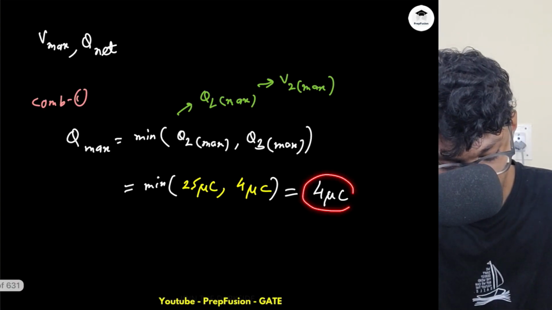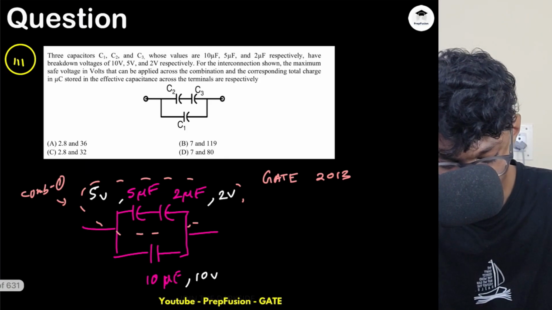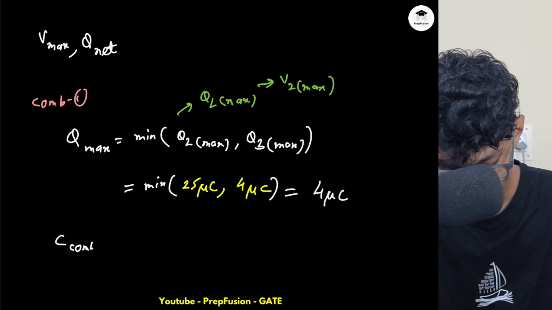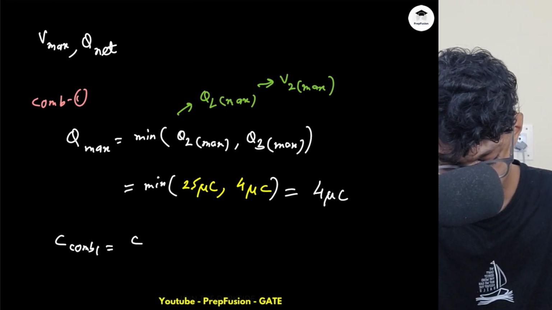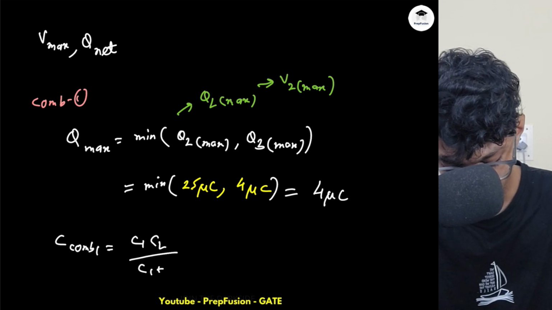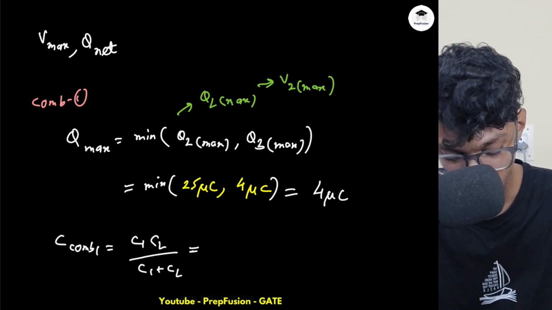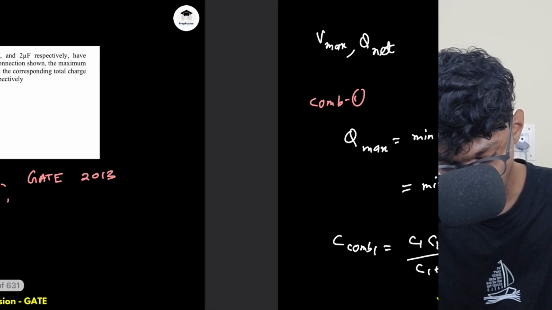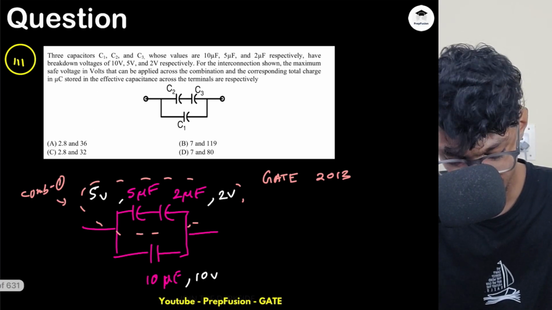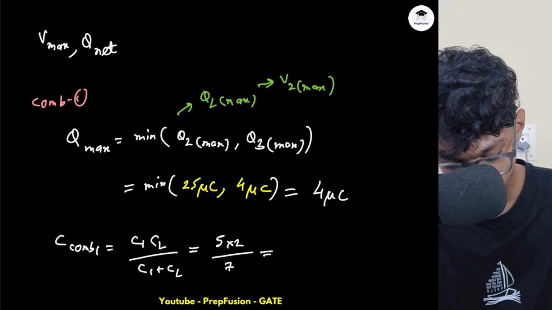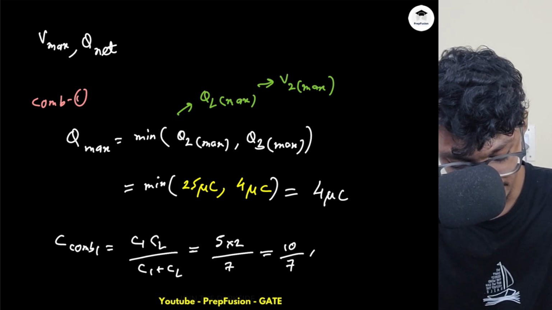If the maximum charge is this, what is the equivalent capacitance of the top? C comp 1 equals C1 C2 divided by C1 plus C2, since they are connected in series. These are constant, so this is 5 into 2 divided by 7, which becomes 10 by 7 microfarad.